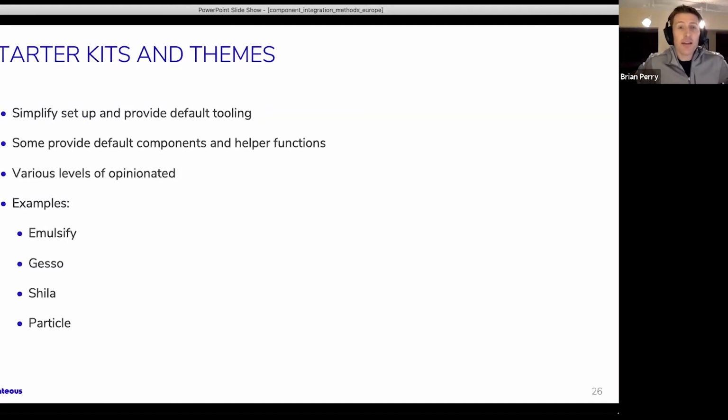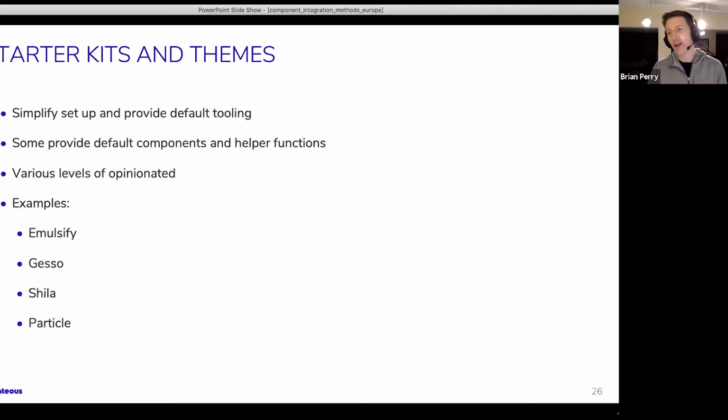Also, in this neighborhood, there's a number of different starter kits and themes. We won't get too deep into this, but the general idea here is that they're going to help simplify your setup and provide opinionated default tooling. Some also have default components and some helper functions.